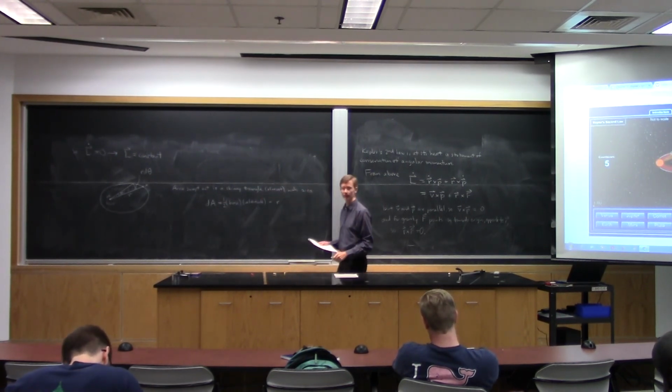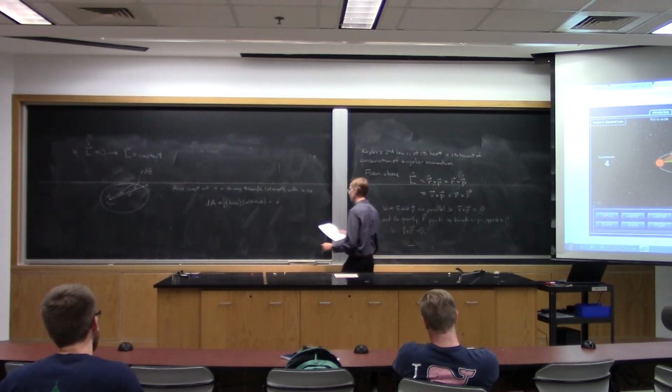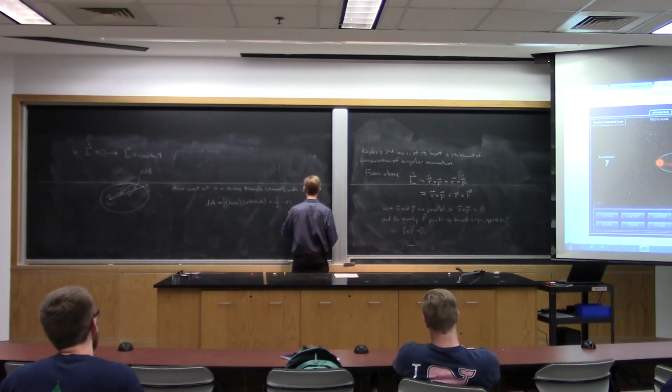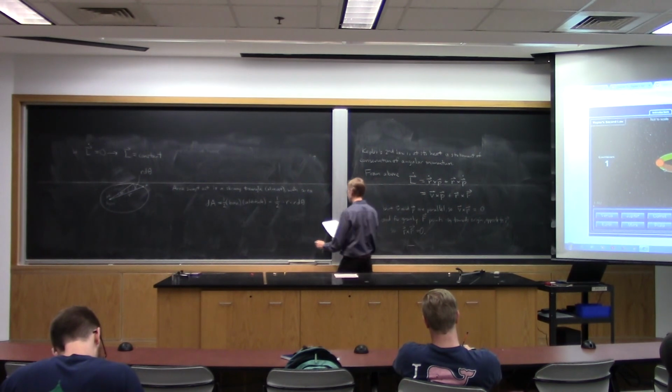Rectangles, parallelograms are base times altitude. Triangles, half of base times altitude. So the base is r, and the altitude is r d theta. So dA is 1/2 r squared d theta.